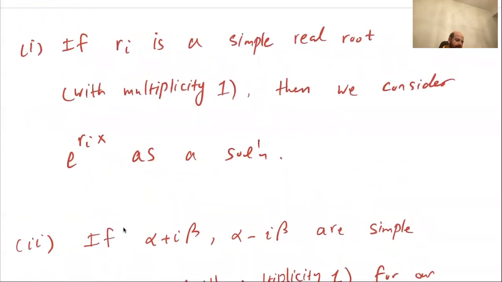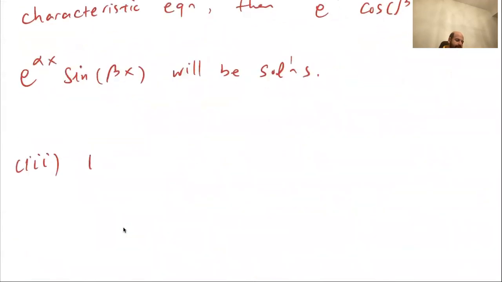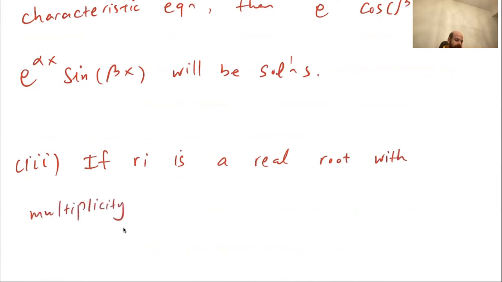So if ri is a real root with multiplicity ni, let's say if ri is repeated ni times, then what will be the corresponding solutions?